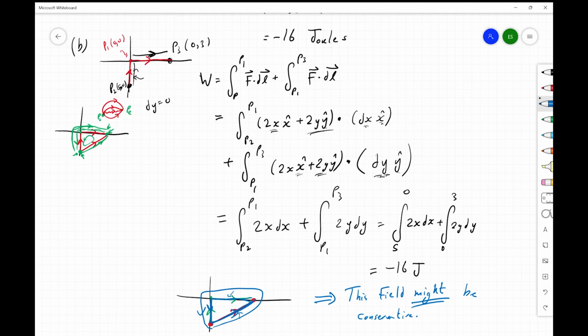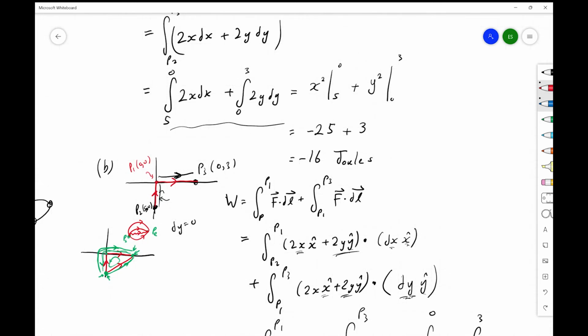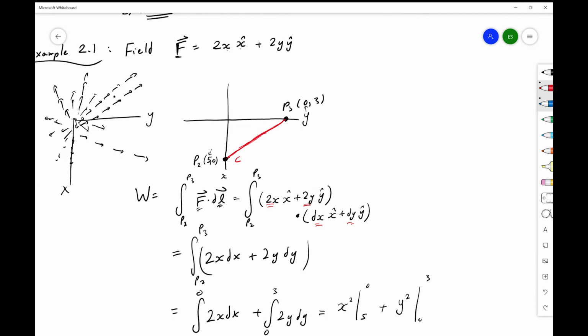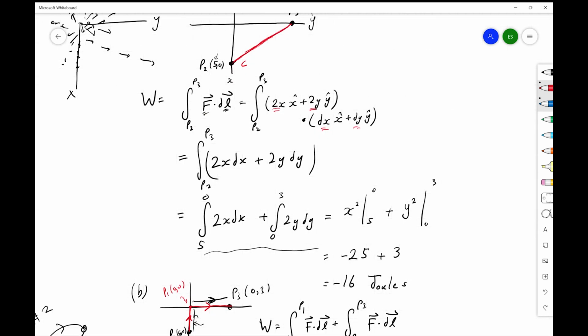There's something interesting we can say about this problem. Notice that when we separated the integral, it divided nicely in such a way that when we're integrating with respect to dx, whatever function we're integrating here was only a function of x. It wasn't a function of y.